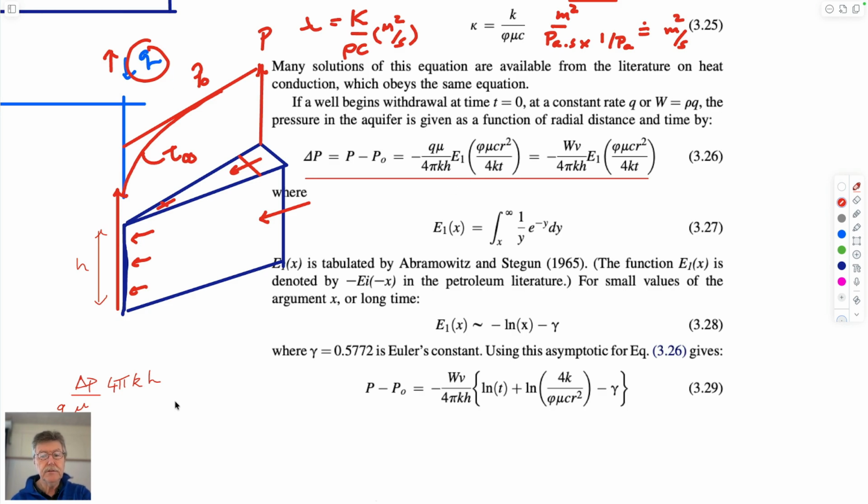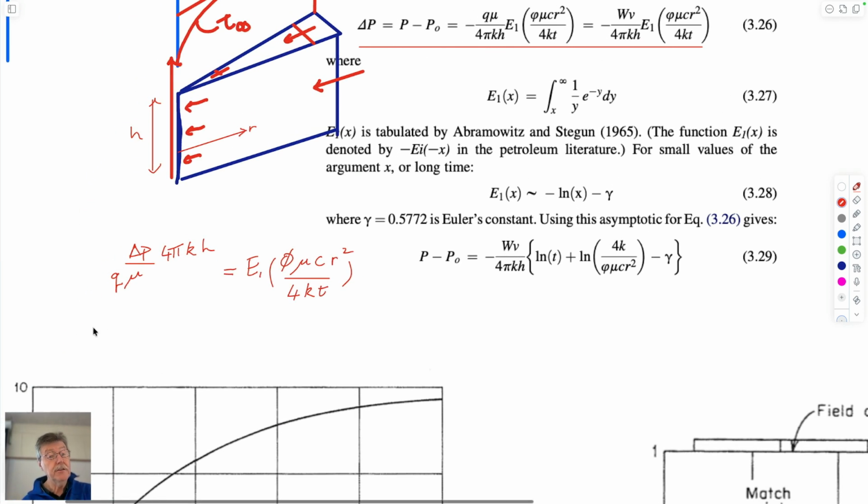And that is equal to some coefficient. This is an exponential integral, Ei, and it's multiplied by porosity, viscosity, compressibility, not specific heat capacity, radius squared, and divided through by 4, this is permeability and time. And so if you wanted to check, you could check that the units of this are uniform on both sides.